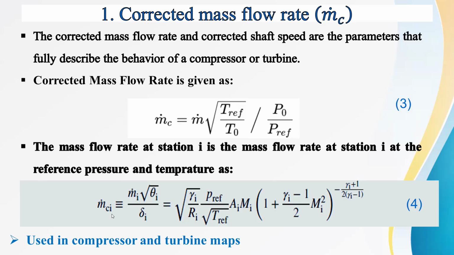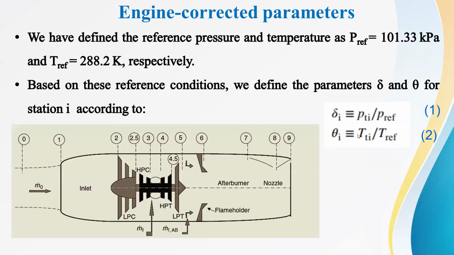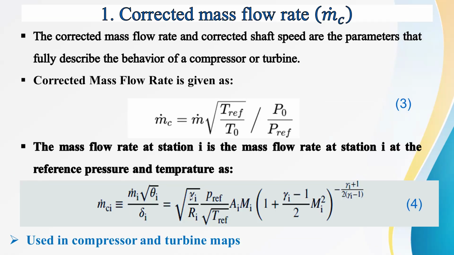Therefore, m_c,i, the corrected mass flow rate at station i, is equal to the actual mass flow rate at station i times theta_i divided by delta_i. We already defined theta_i as the temperature ratio, and delta_i as the pressure ratio.